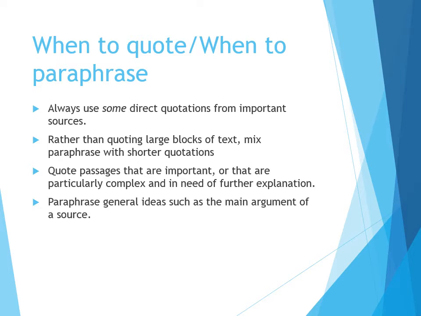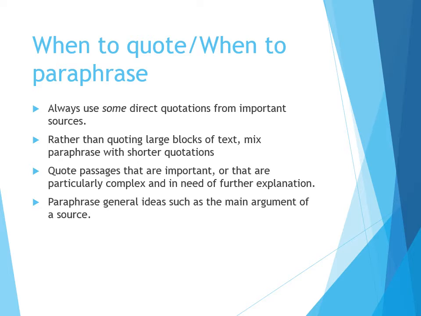But rather than quoting large blocks of text, it can also often be a good strategy to mix in paraphrase with some shorter quotations. Put the parts of the argument that you can into your own words, but include the passages that are most important, or that are particularly complex or need further explanation, or simply express that argument better than any other words.